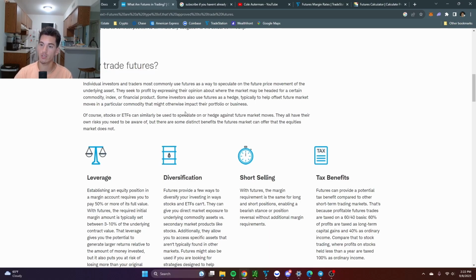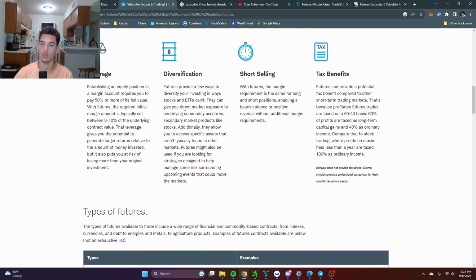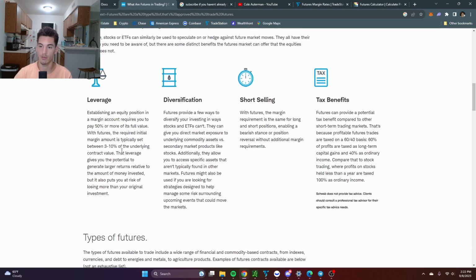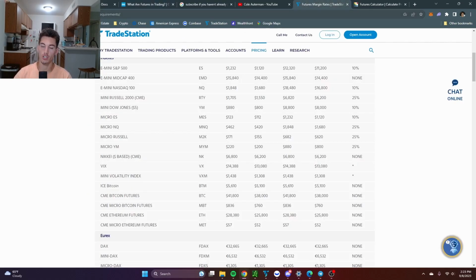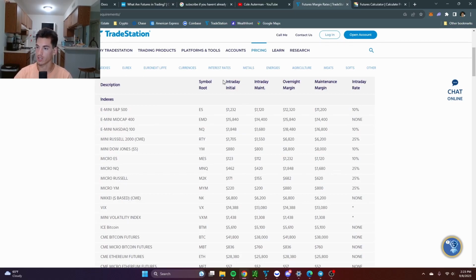Why trade futures? There are a lot of pros to trading futures. The first one is leverage. You get a lot of leverage. If you go to the futures margin rate on TradeStation and look at intraday initial, which basically means how much money you need in your account to put on the trade, you can see that for one E-mini contract it's $1,232.